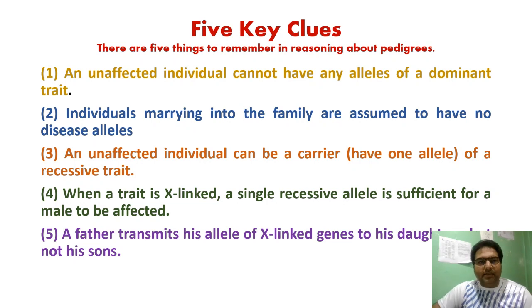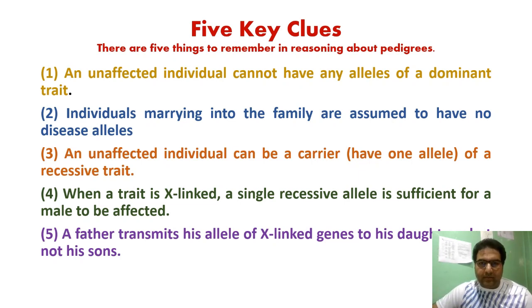Point number one is that an unaffected individual cannot have any allele of a dominant trait. It means if the individual is not affected by a certain kind of disease, he is not having any dominant allele for the disease.